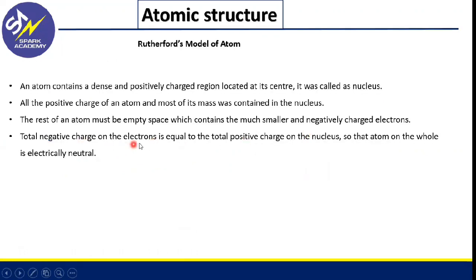The total negative charge of the electrons should equal the total positive charge so that the atom is electrically neutral. So in this model there is a central nucleus containing most of the positive charge and the mass, and electrons are dispersed in the empty space.